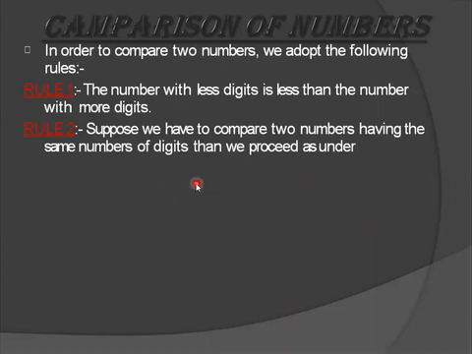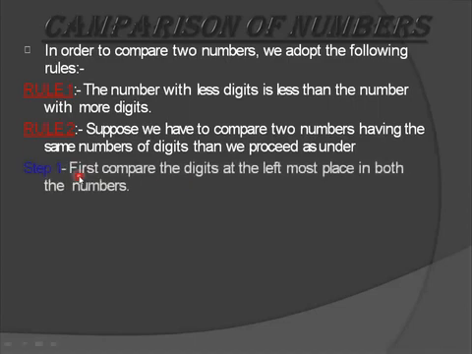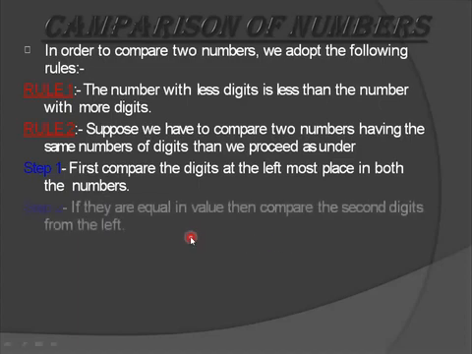Under rule 2 we have another rule. Step 1: first compare the digits at the leftmost place in both the numbers. You compare the first digit on this side and the first digit on that side. In case they are also the same, what do you have to do?